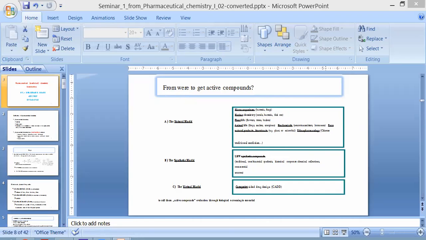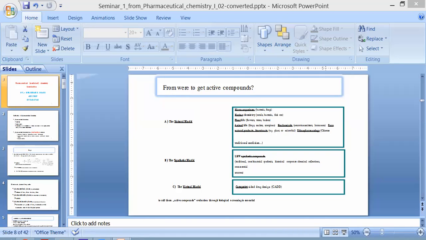So, random selection of any drug molecule, their pharmacological study we are going to do by literature review, then screening of a large number of compounds from the same family for research and development.